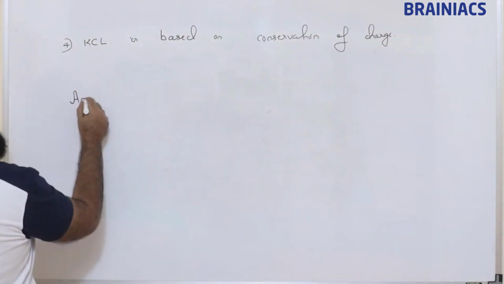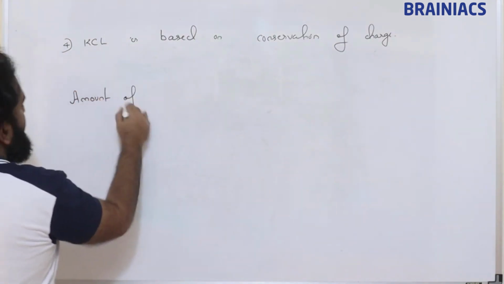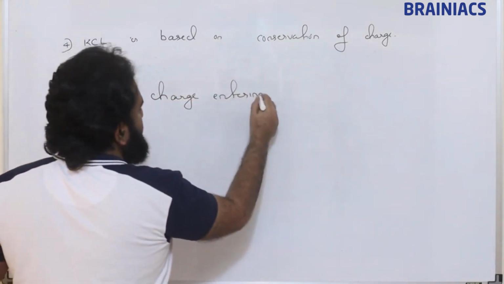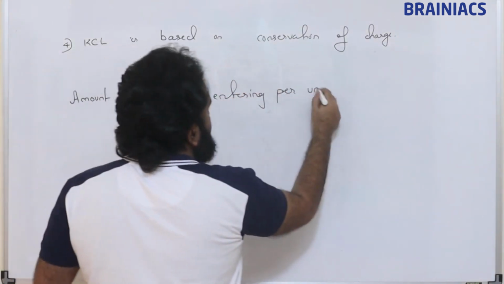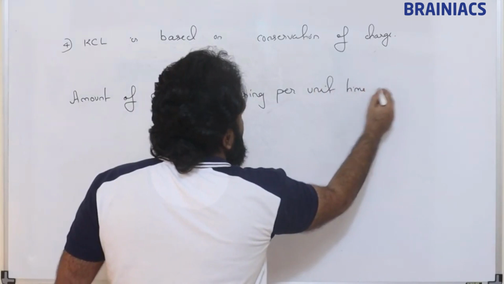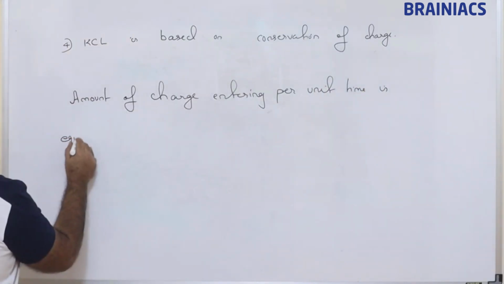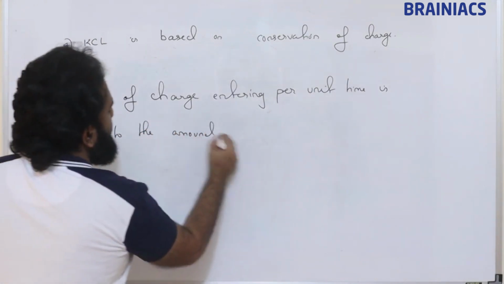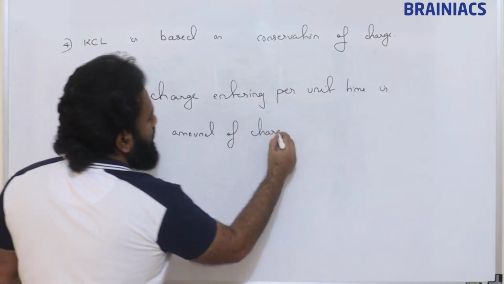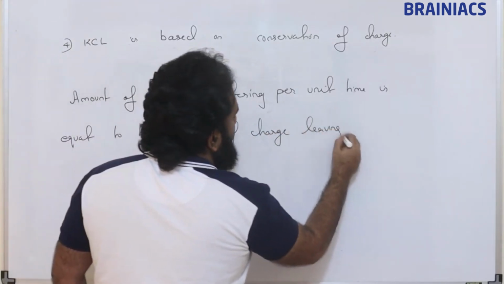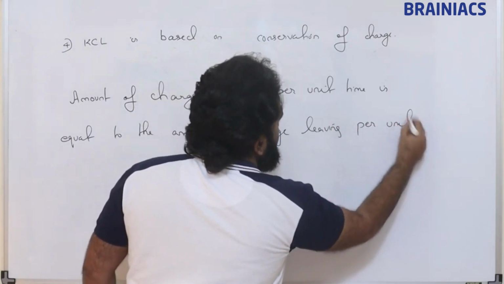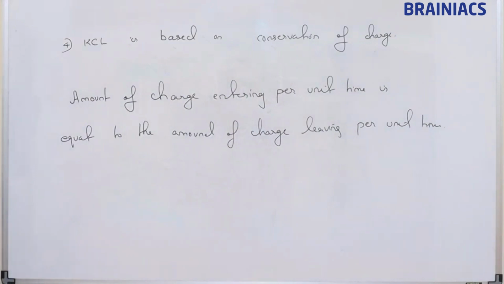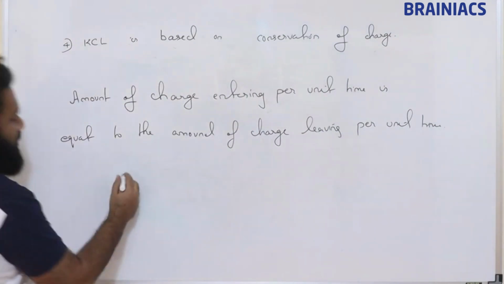So this is nothing but the amount of charge entering per unit time is equal to the amount of charge leaving per unit time. That is why we say it is based on conservation of charge.